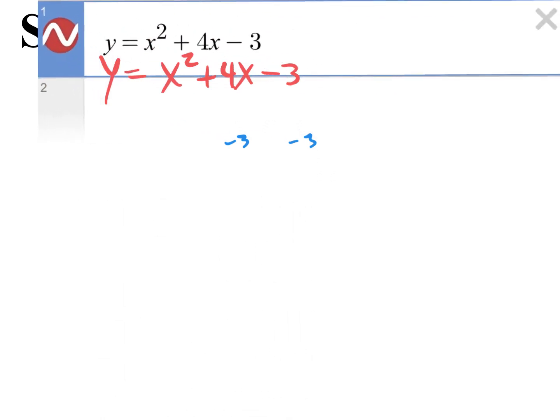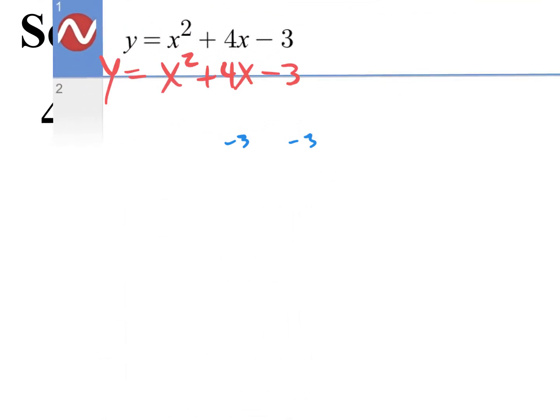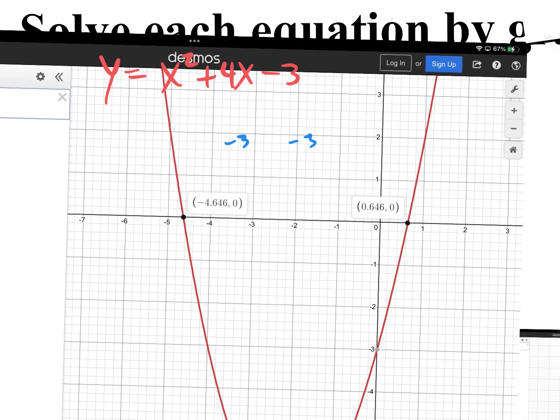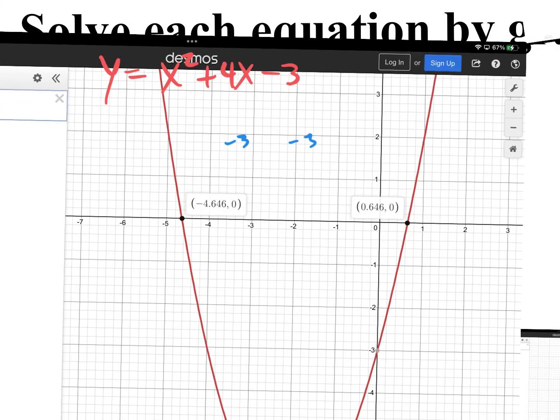When I graph it, I see that my x-intercepts are here and here, but when I click on them, there are some nasty, crazy decimals, negative 4.646 and 0.646.